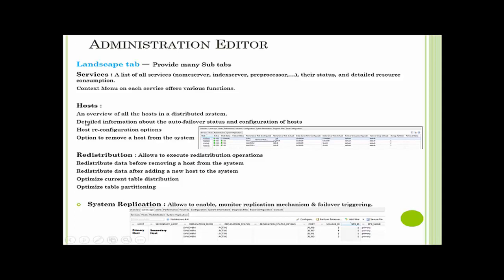So we can get detailed information about the auto failover status and configuration of hosts. And there are also host reconfiguration options available here. And we can also remove a host from the system if we want to.